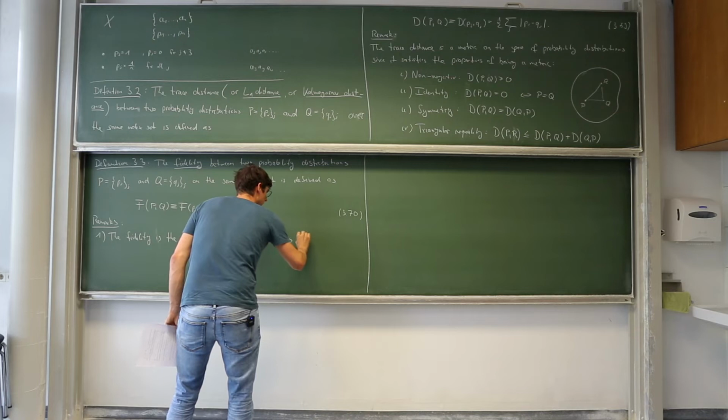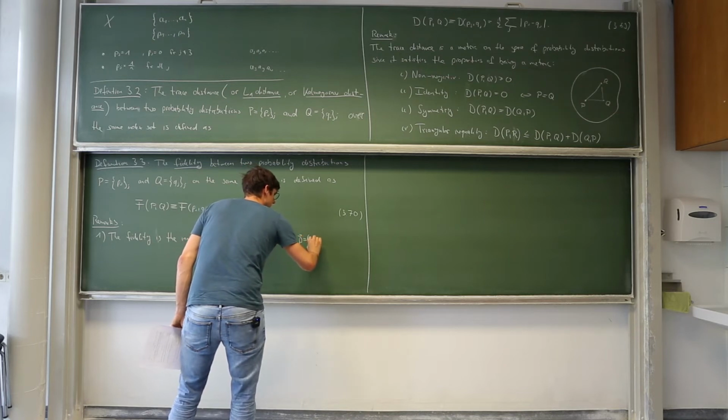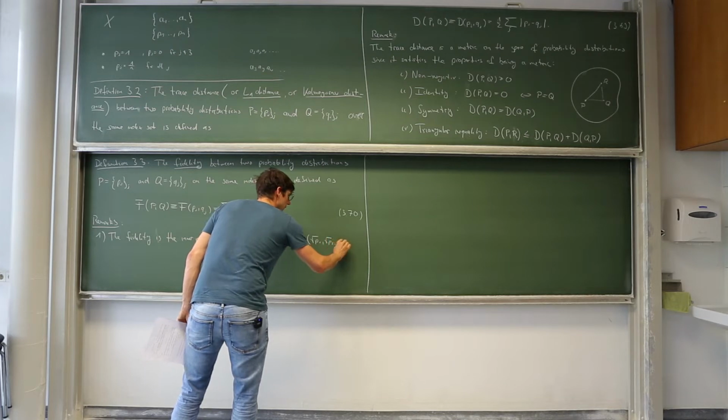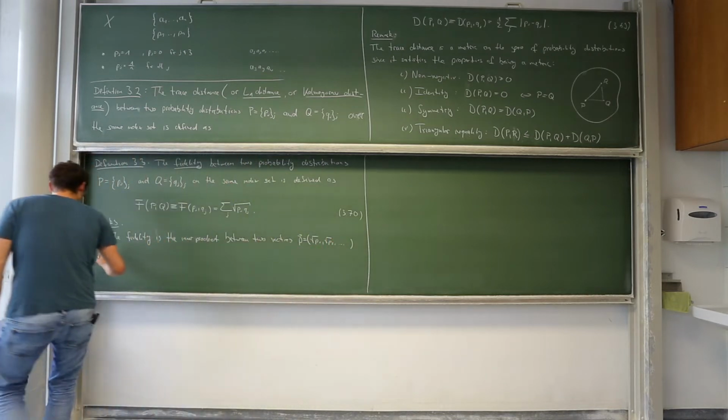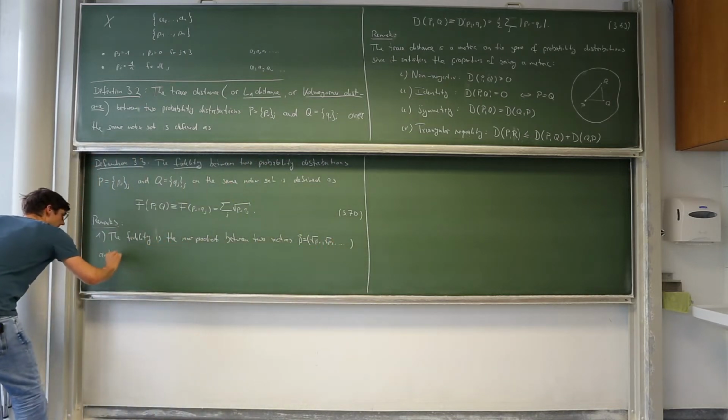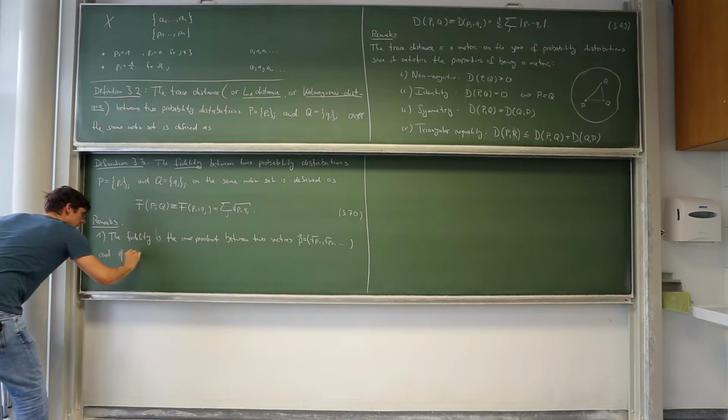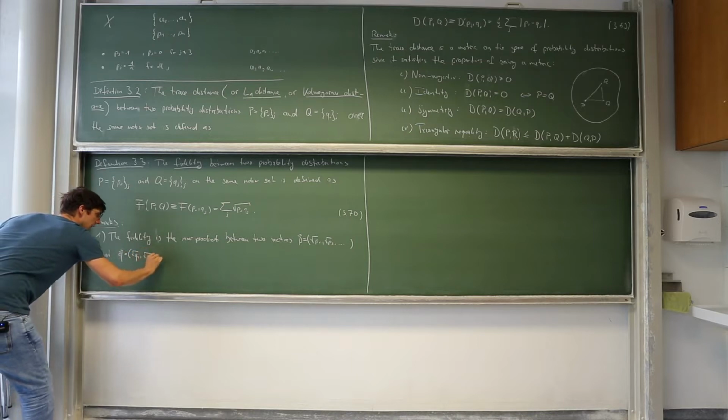Let's call them the vector P, which is square root of P1, square root of P2, and so on, and the vector Q, which is square root of Q1, square root of Q2, and so on.